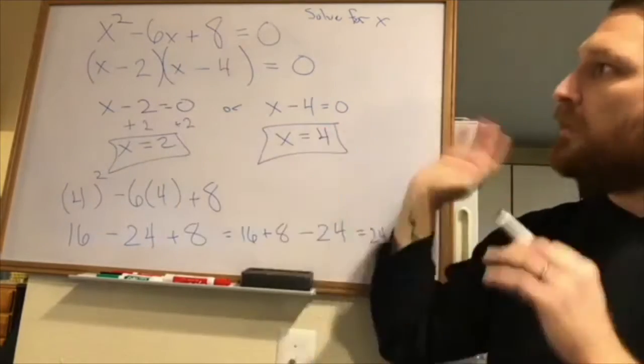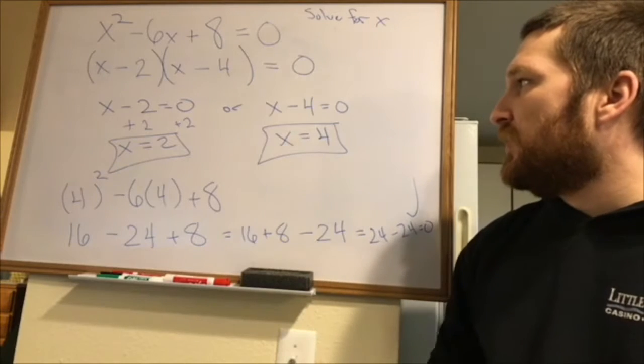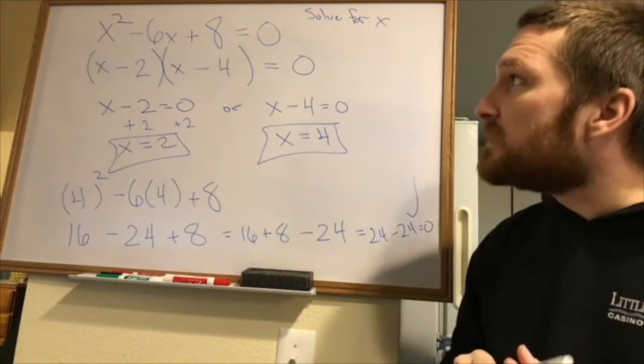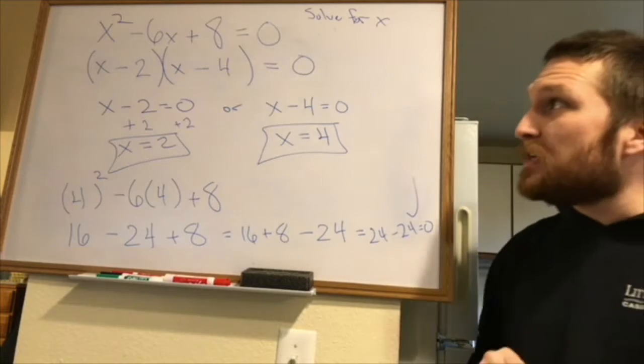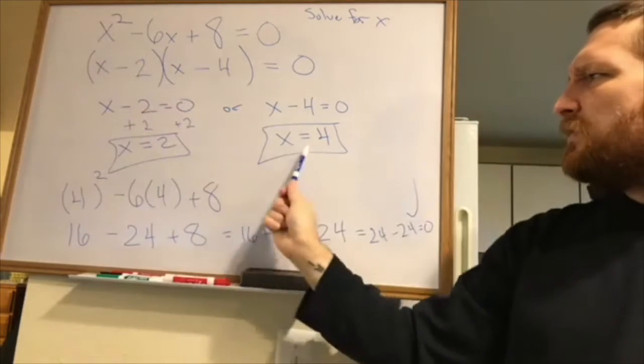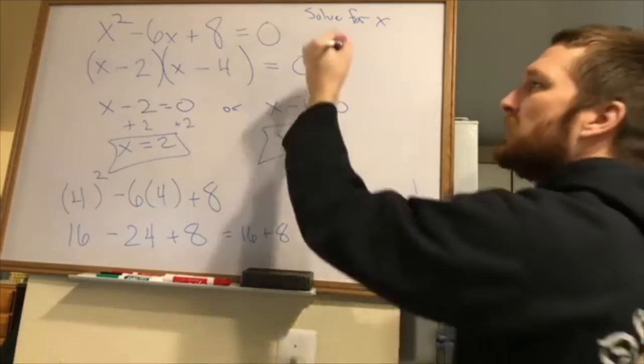We're going to use that nifty little fact to allow us to solve for x. And you'll notice that with a quadratic equation, when you have an x squared, you end up with two answers. And that kind of makes sense because let's look at this.